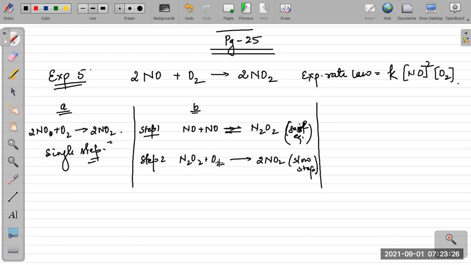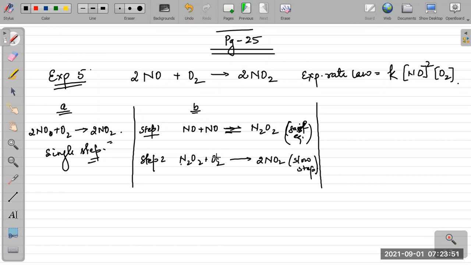Whereas in the case of N2O2, this molecule is going to interact with an oxygen molecule. A bond between nitrogen and oxygen is going to be formed, and the bond between nitrogen is going to be broken down simultaneously.